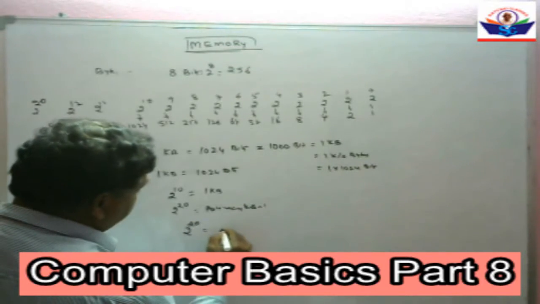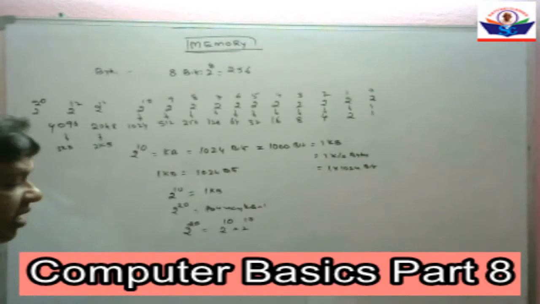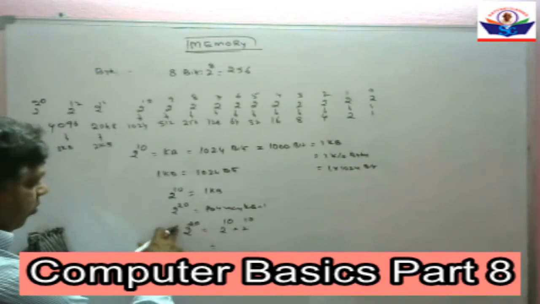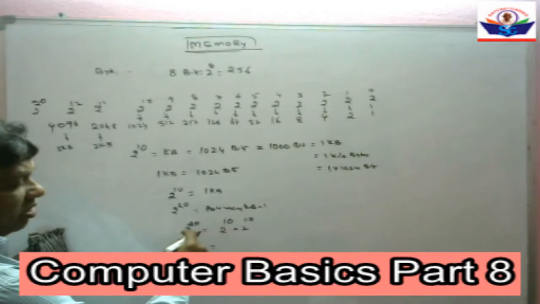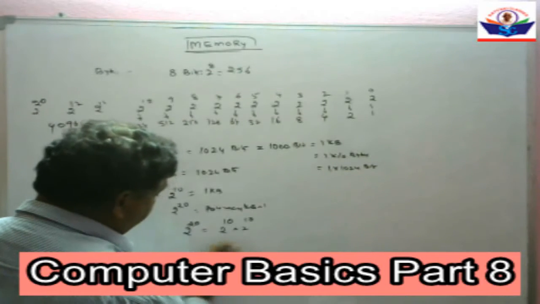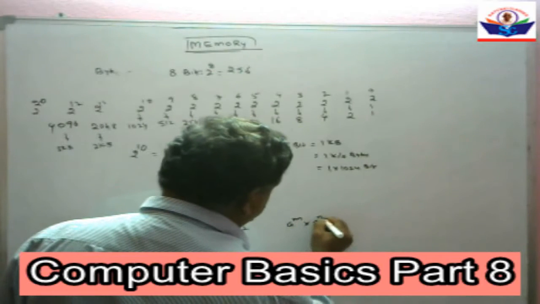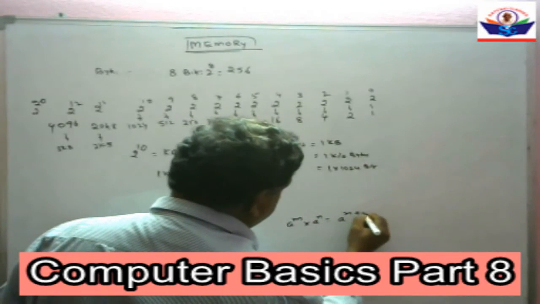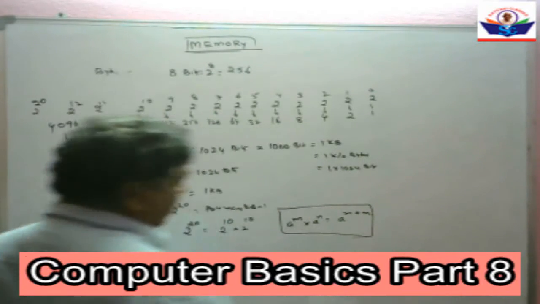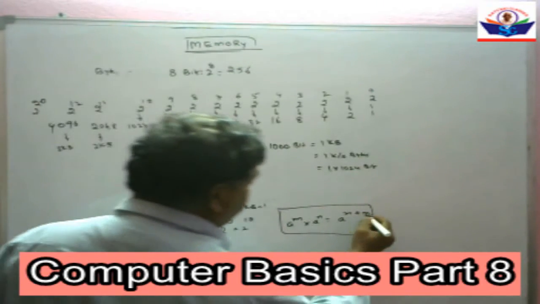We can write 2 to the power of 20 as 2 to the power of 10 into 2 to the power of 10, using a mathematics formula: a power m into a power n is equal to a power m plus n.